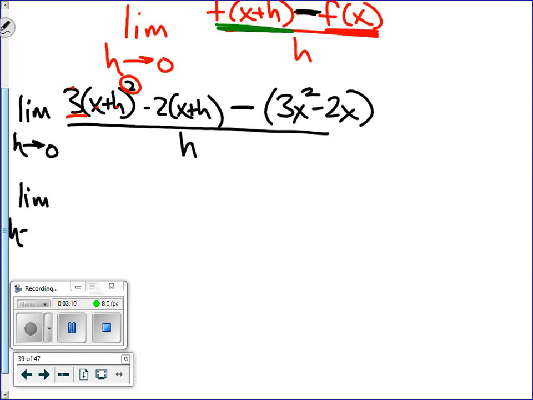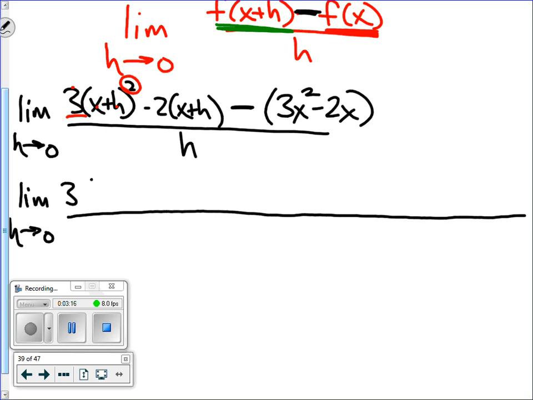So the limit as h approaches 0, here we go. We've got 3 times, I'm going to expand just this piece, where I have x squared, h squared, and then I multiply these two things and double it. So I have 2xh. I'm going to distribute this negative 2 in here. Oops, sorry. Forgot that parenthesis.